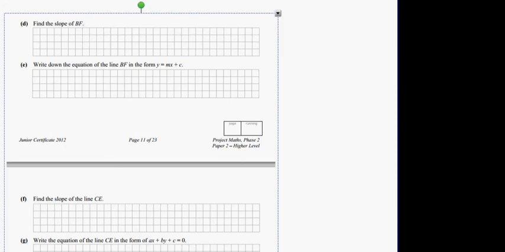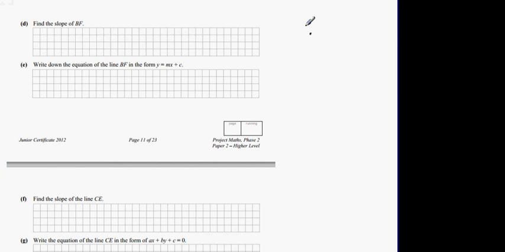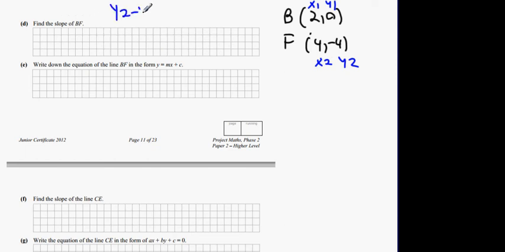Find the slope of BF. What's the point B, guys? B and F. What's the point B? 2, 0. And F? 4, minus 4. Okay, slope formula: x1, y1, x2, y2. So what we're going to get is the difference of y2 minus y1 over x2 minus x1.